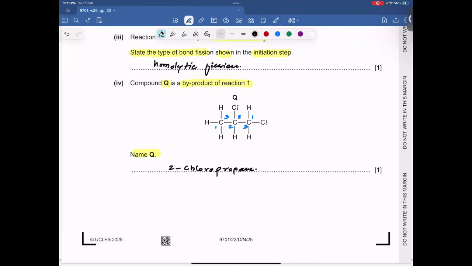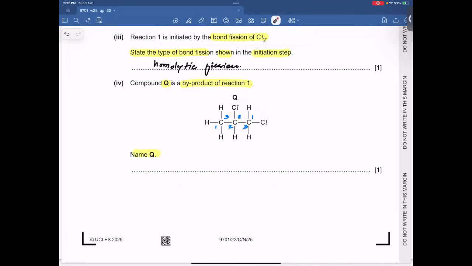Okay. Oh, my bad. I didn't check this. This is the first chlorine. This is the second chlorine. So I'm going to go with the right hand side because the position of this chlorine is 1 and the position of that chlorine is 2. So it's going to be 1 and 2 positions. From the left hand side, the positions are going to be 2 and 3.